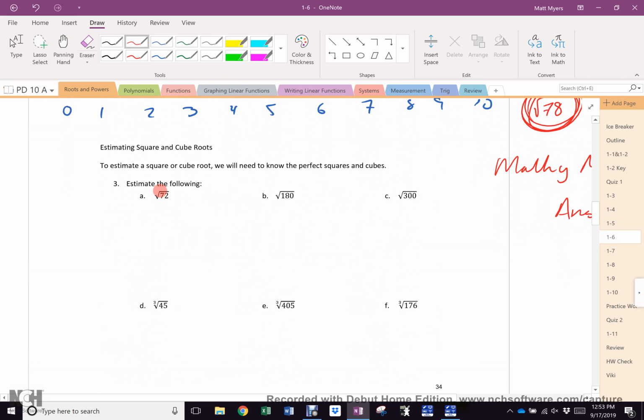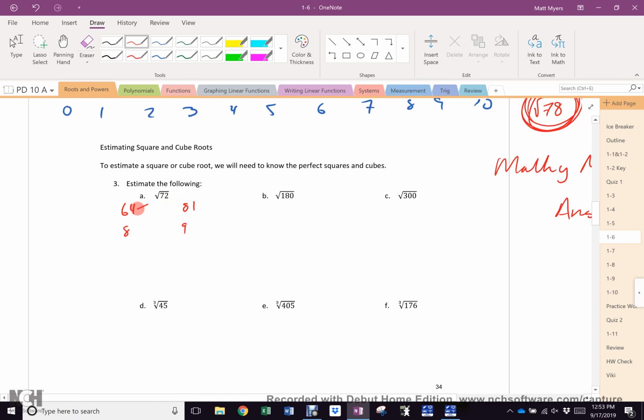Is the square root of 72 perfect? No, it is not, because it is not on our list, yes? It is between 64 and 81, correct? What's the square root of 64? 8. What's the square root of 81? 9. Now, it makes sense that if the 72 is between 64 and 81, the root must be between 8 and 9, right? Okay.